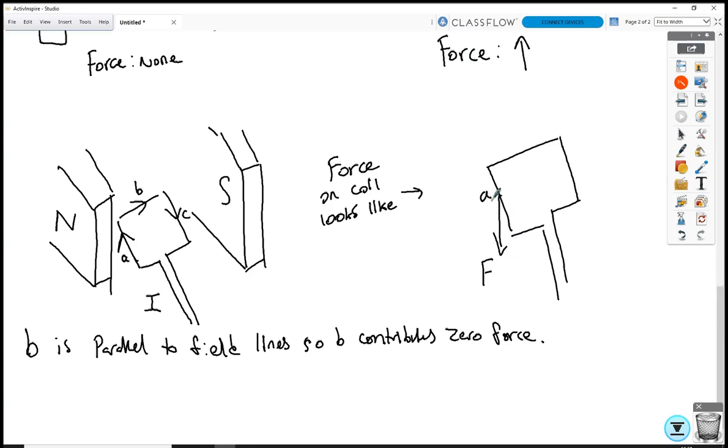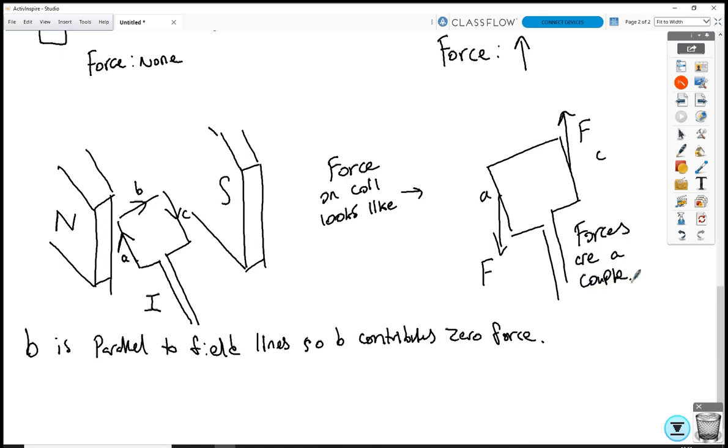And at C, we said that the force goes up. Two forces on opposite sides acting in opposite directions. Well, this is a couple. Forces are a couple.